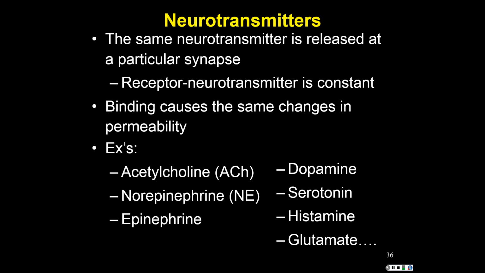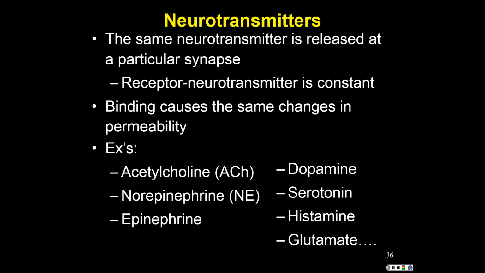So to recall what we discussed in class on Monday, we noted in the far left that acetylcholine, norepinephrine, and epinephrine are neurotransmitters that we'll see during the rest of the semester. We're going to use them in the peripheral nervous system. And then on the list on the right, we have some common central nervous system neurotransmitters, which include dopamine, serotonin, histamine, and glutamate.